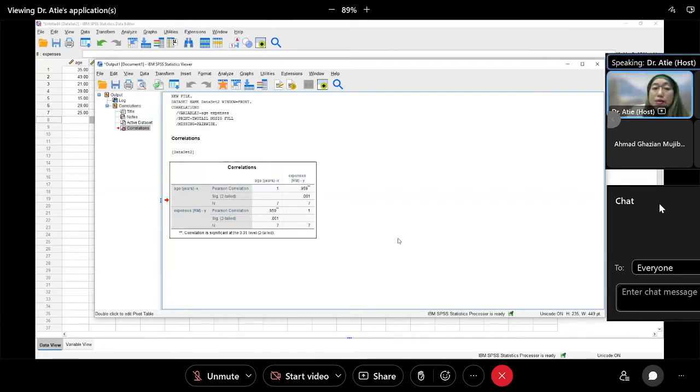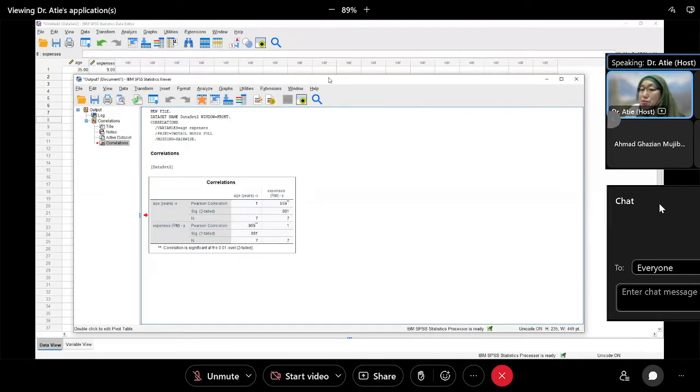Okay. So next, we would like to draw a graph on page 139. We would like to see the first scatter plot. So here it asks us to draw the scatter plot. So I would like you to do it manually, right? So you need to have the y-axis and also the x-axis.